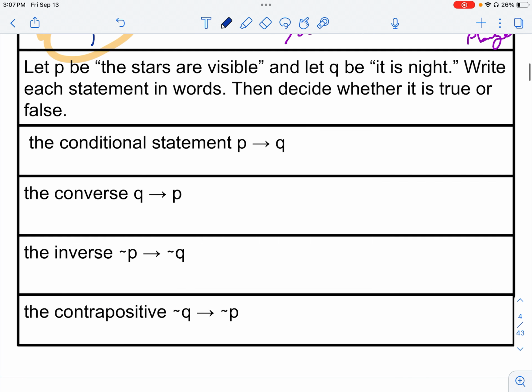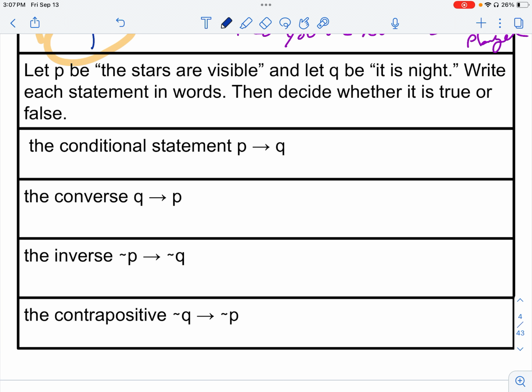All right, so let's go through another set of examples, and then we will go from there. All right, so our P, the stars are visible, and our Q, it is night. So let's put it into our if-then form.